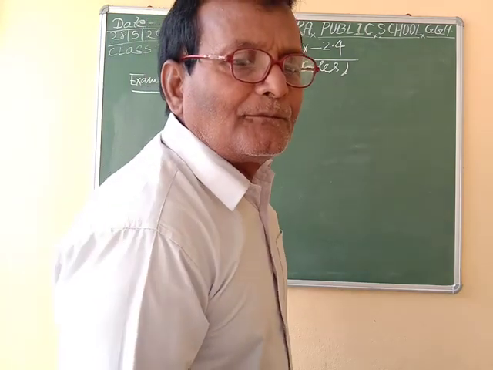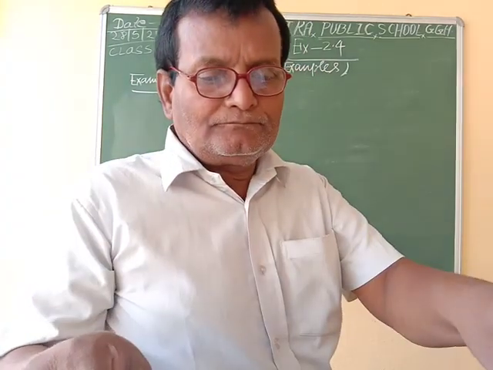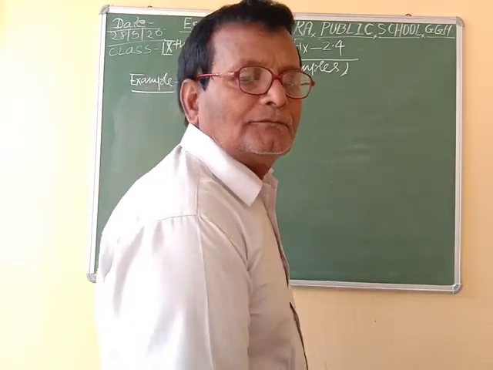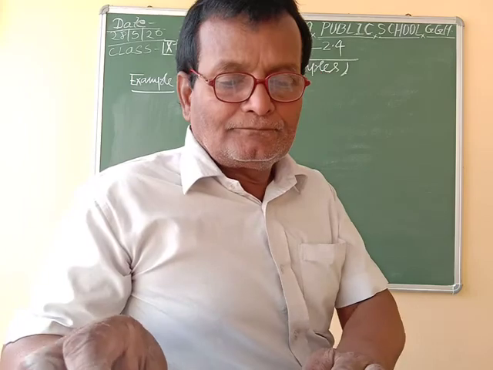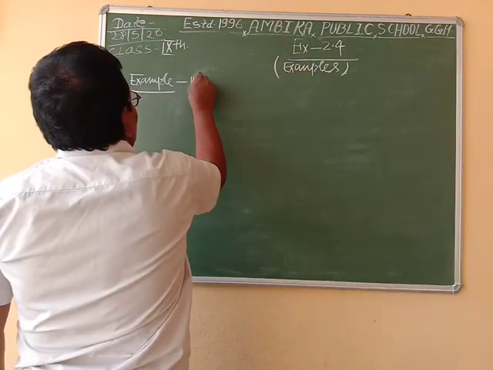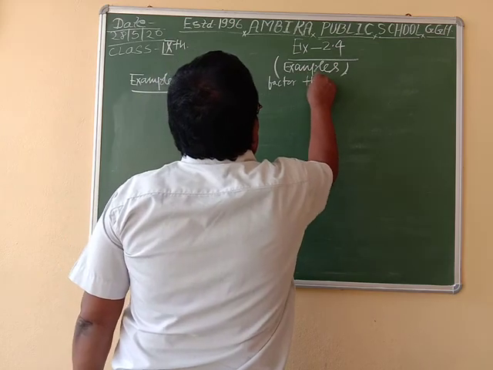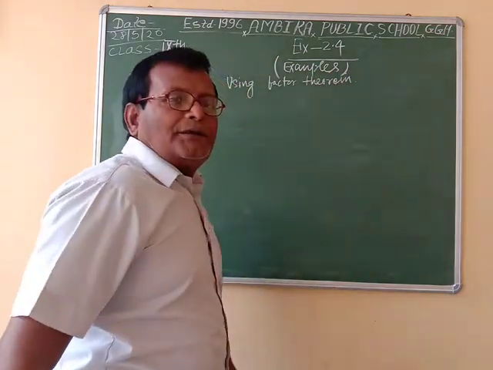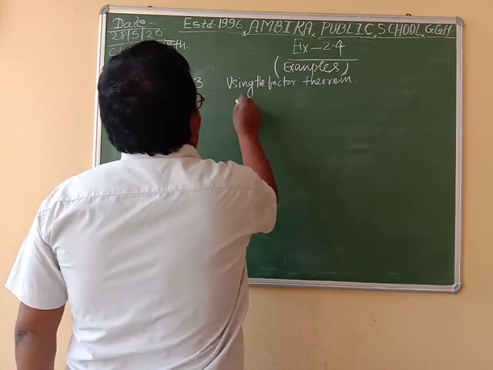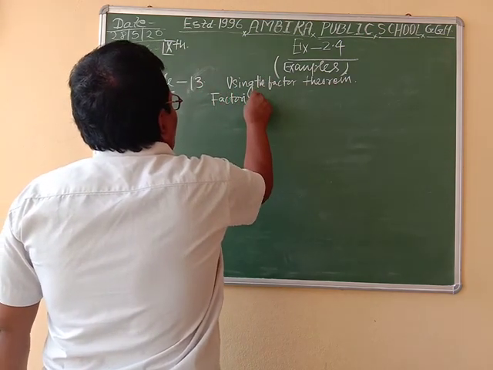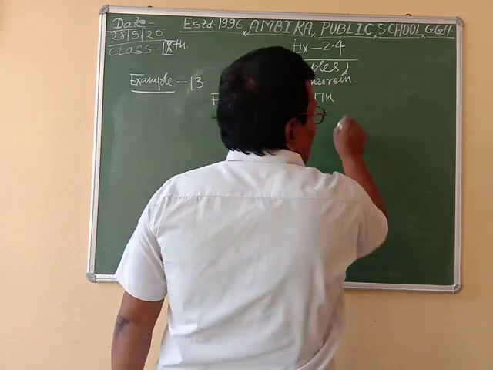Example 6. Using factor theorem, factorize 6x square plus 17x plus 5.